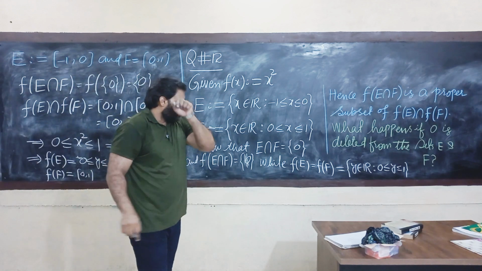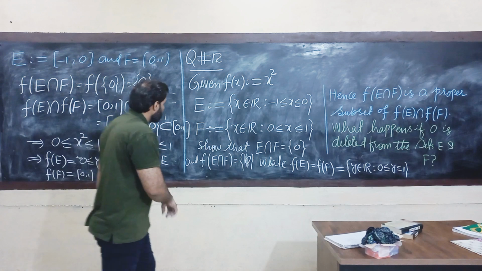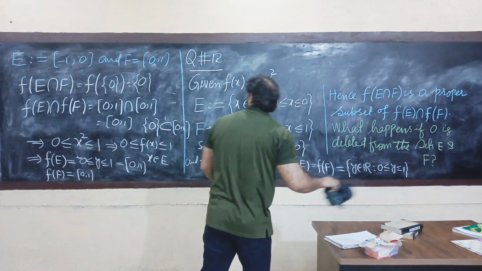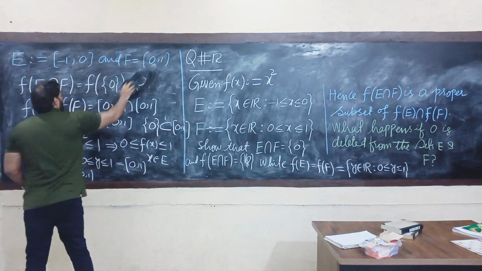Last one. What happens if 0 is deleted from the sets E and F?